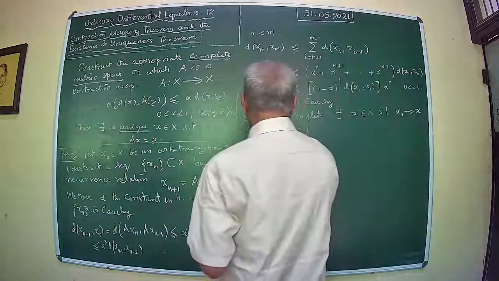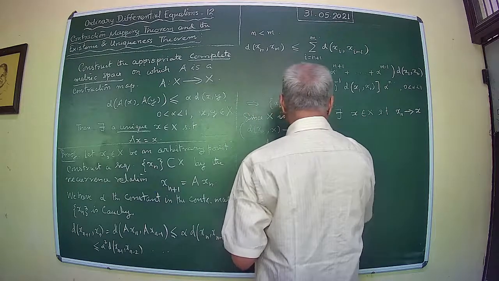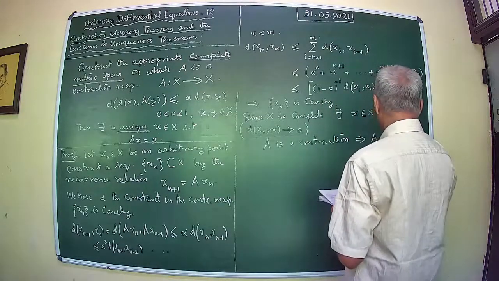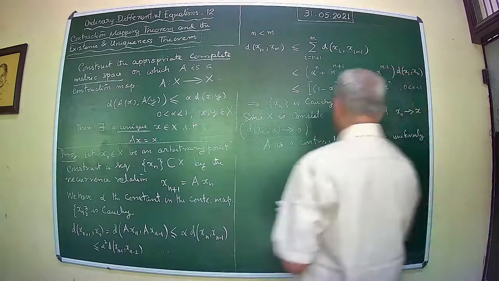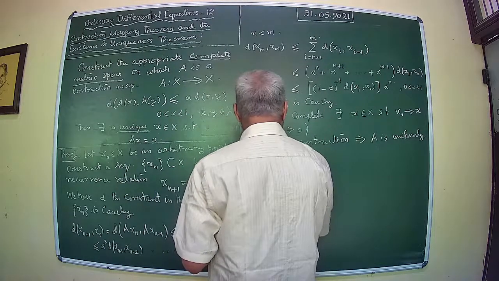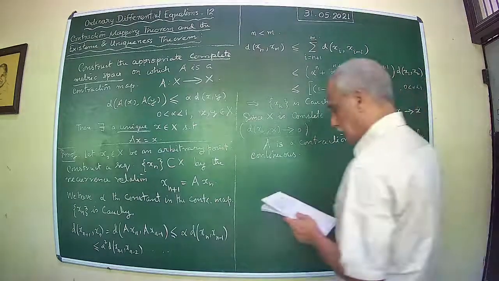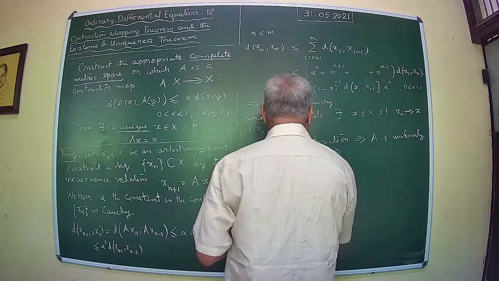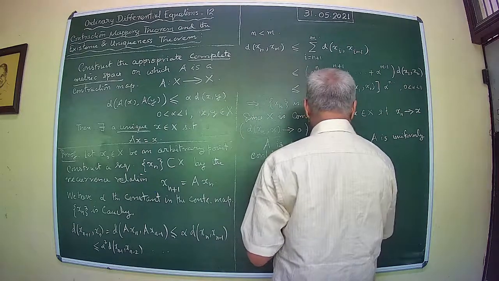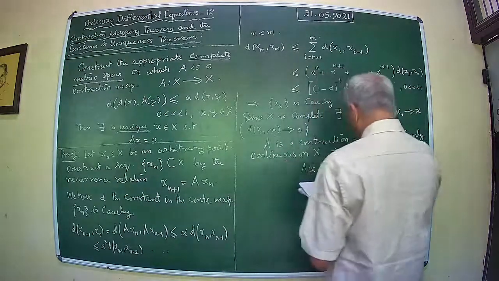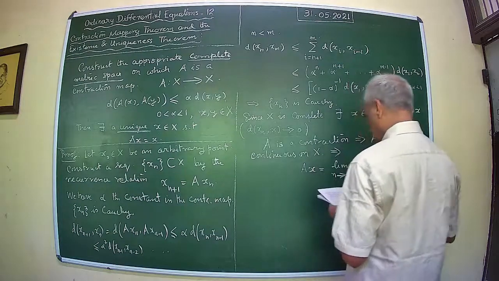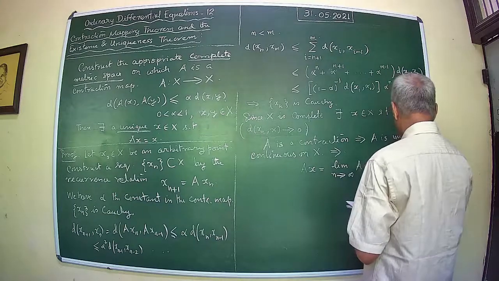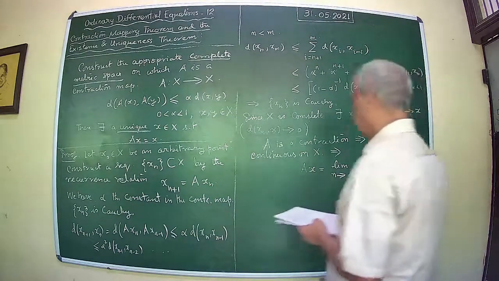Now we are assuming A is a contraction, which implies A is continuous, in fact uniformly continuous, which in turn implies that Ax equals x.